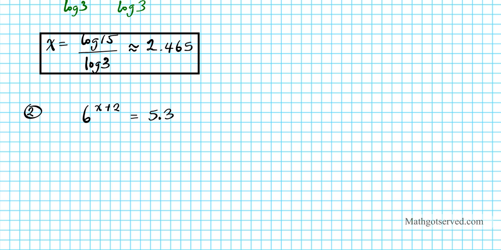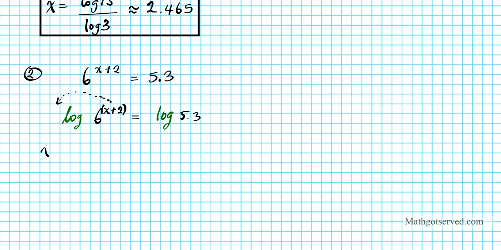So on the left side, we're going to take the common log, or log base 10, of 6 to the x plus 2, equals, on the right side, the common log of 5.3, or log base 10 of 5.3. Remember, you do not write down the bases. Okay, now I can power down this quantity using the power property of logarithms. So I have x plus 2 times the common log of 6 equals the common log of 5.3.